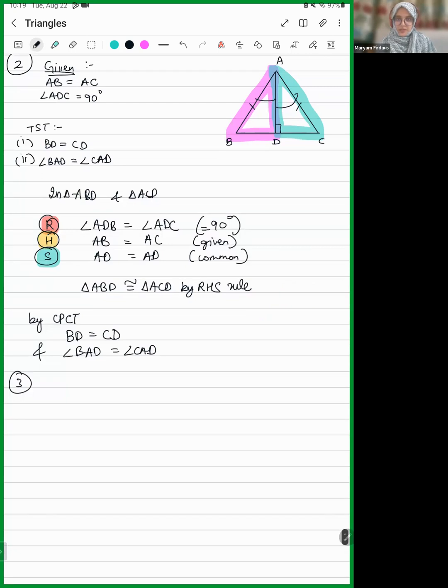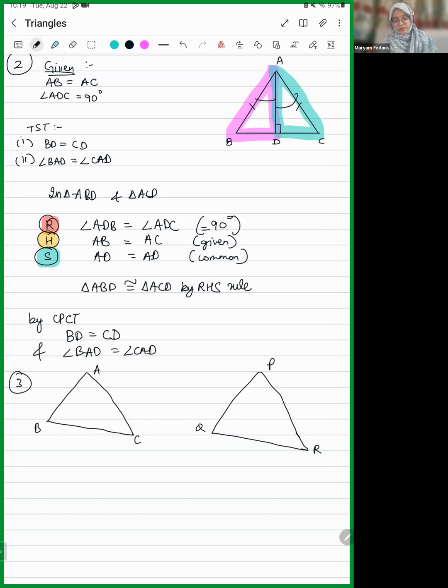The third question says, okay. So, there are two triangles like this. ABC is a triangle and PQR is another triangle. They are not telling you that these two triangles are congruent.